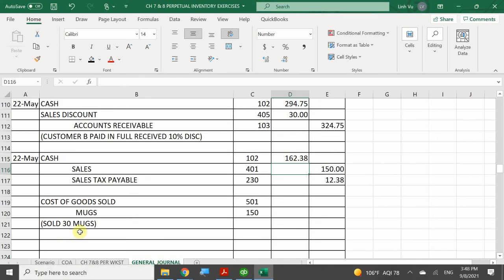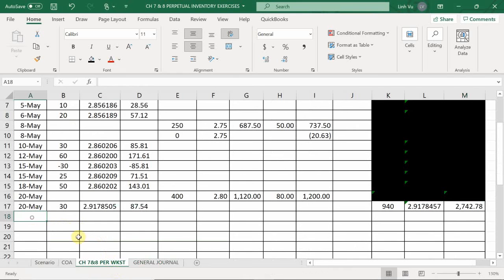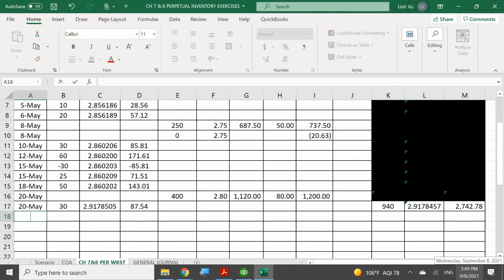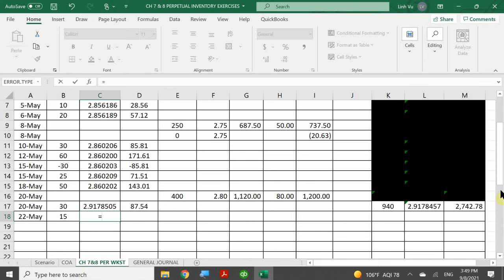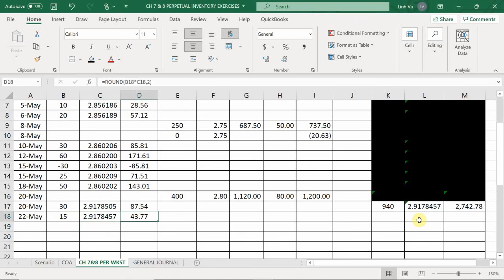So once again, we need to figure out how much it cost me to sell a total of 15 mugs. So jump right back into the inventory worksheet. Okay. It is 522 and we sold 15 mugs, okay, at the cost of $2.917845. Okay. So then that should give me a cost of goods sold.